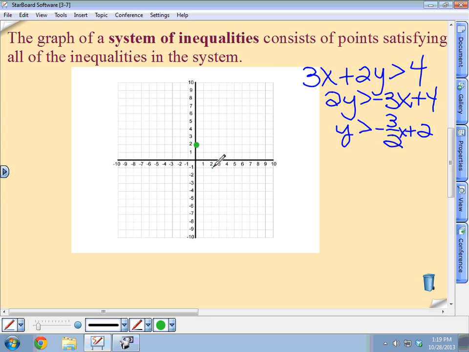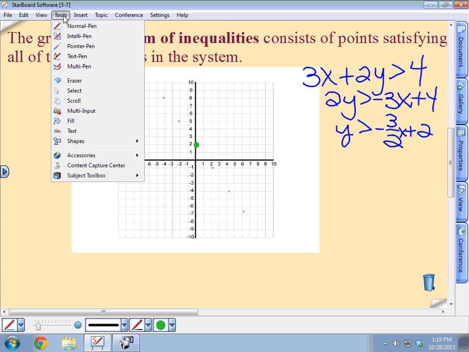It's hard to see the lines sometimes on these. And then as I go over 2 this way, go up 3. So over 2, up 3, and over 2. So I'm going to get a line that looks something like that.